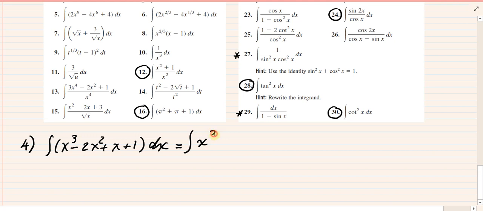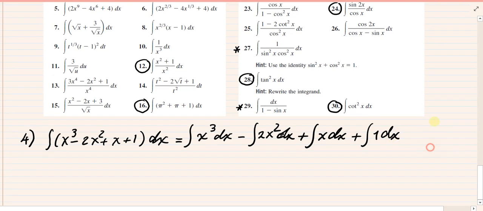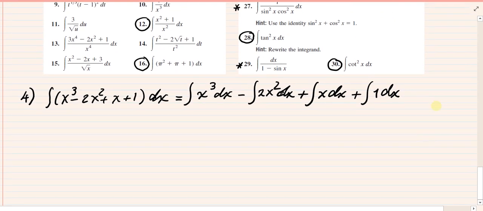That means I can write this as the integral of x cubed dx minus the integral of 2x squared dx, plus the integral of x dx plus the integral of 1 dx. You see that? This is what we mean by the integral of some difference being some difference of integrals. Now, for each of these, I need to find the antiderivative.